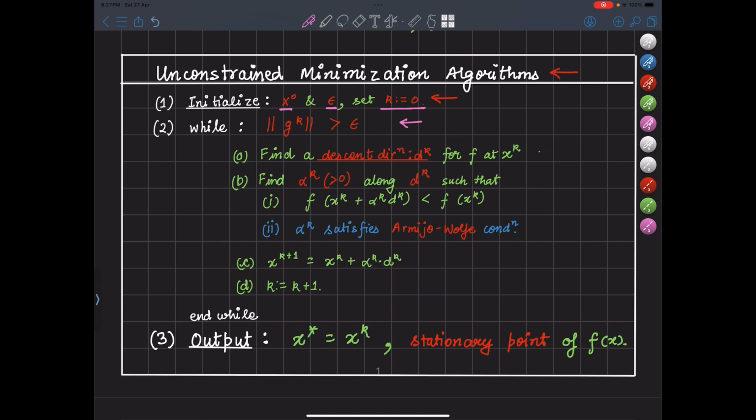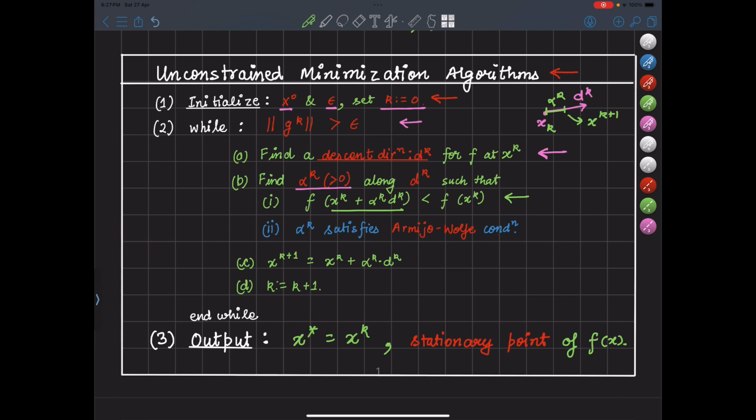Then the first step is to find a descent direction. So let's say we are at x naught, we try to find a descent direction. Once we have found a descent direction, we find alpha k, which is the small step length towards dk. And how do we find this small step length? The step length should be such that the function value at the next point, let's say x(k+1), should be less than f(xk).